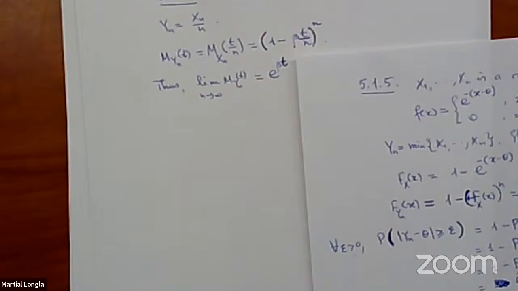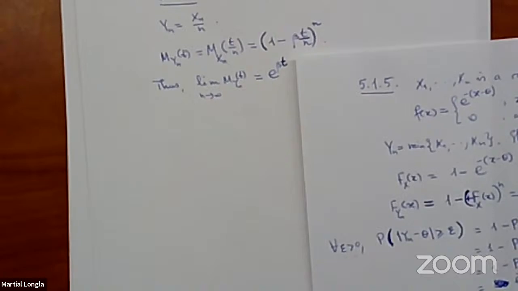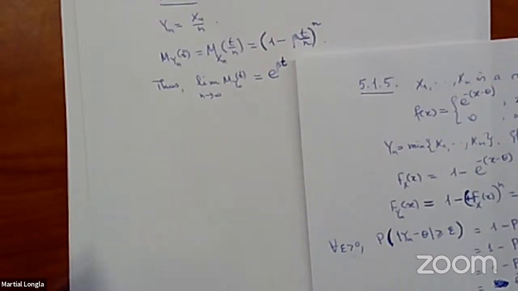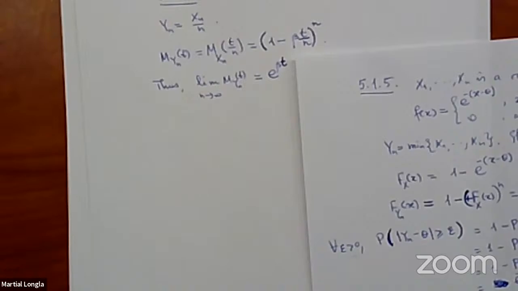Can you ask it again? What's the random variable that has distribution e to the beta t? Because we don't yet have that distribution. The question was to find the limiting distribution. What we found is the moment generating function. And what's the limiting distribution? What distribution gives you this? What's the random variable that has this moment generating function e to the beta t?